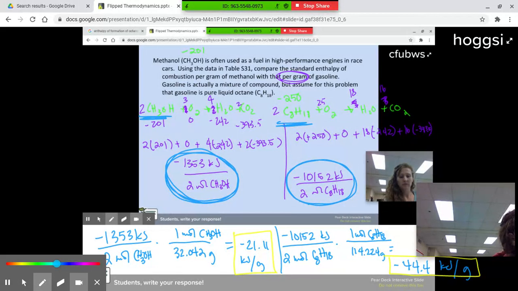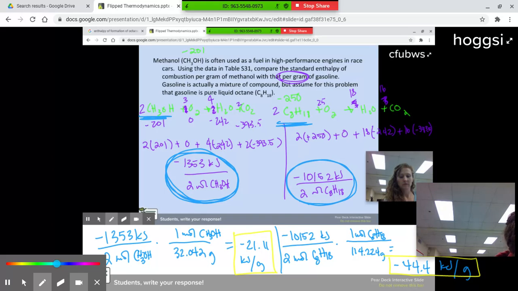If they used this question as your free response, part F might be like, which fuel would you use for a race car? So race cars have to carry their fuel, right? So every gram of fuel they carry is going to slow them down. So with octane, they release more energy per gram. Methanol releases less energy per gram.